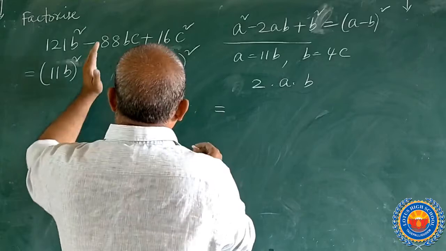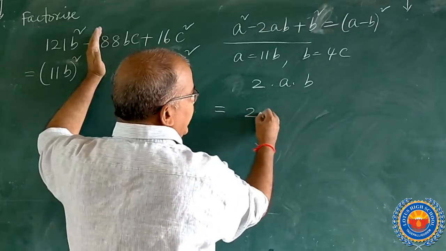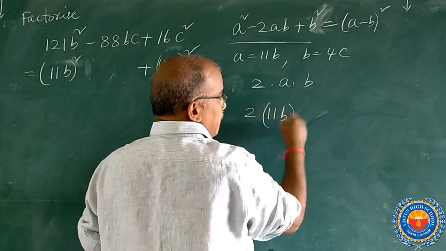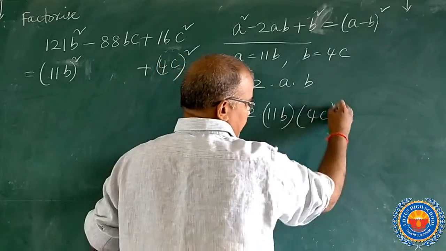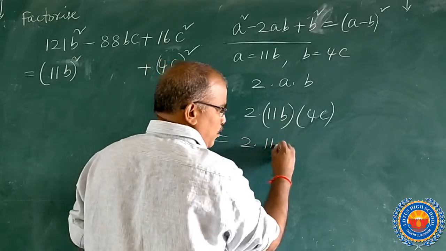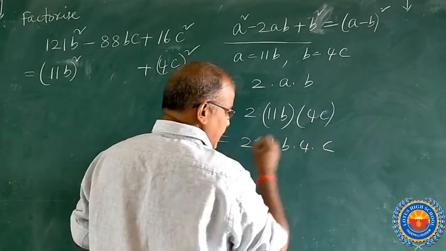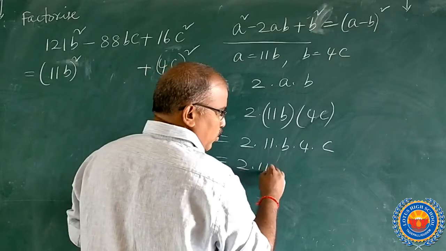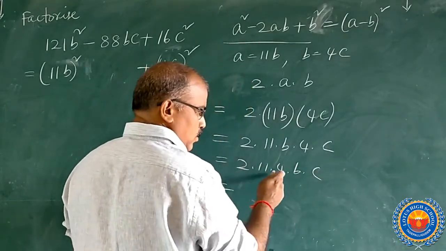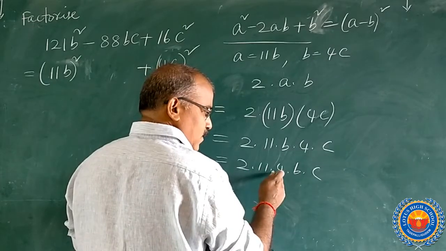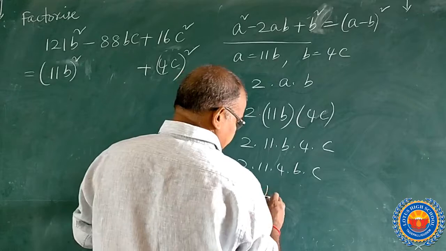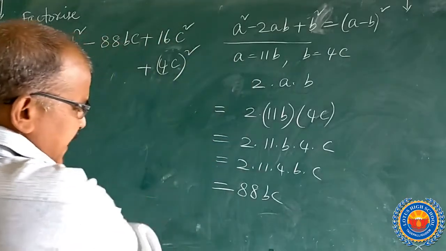Forget about the minus: 2 into a for 11b, b for 4c. So first we take the numbers: 2 into 11 into b into 4 into c is equal to 2 into 11 into 4 into b into c. Total: 11 fours are 44, 2 twos are 88 bc.